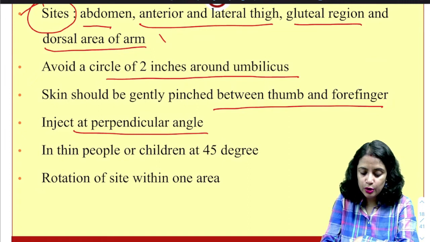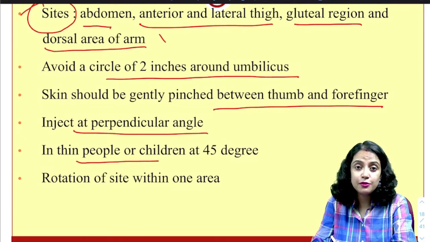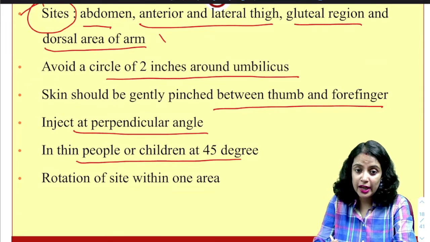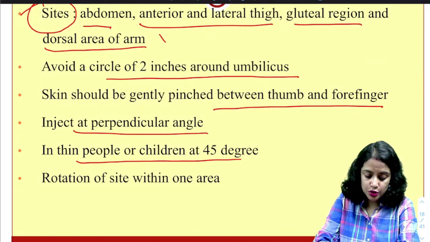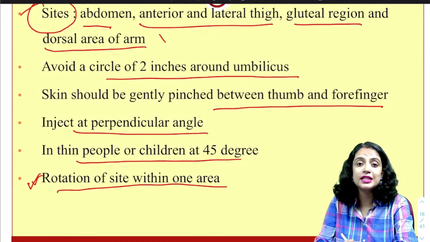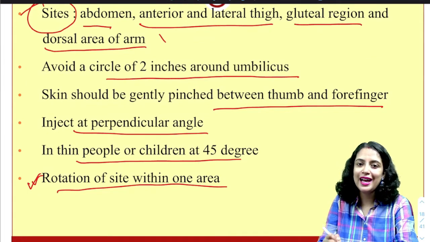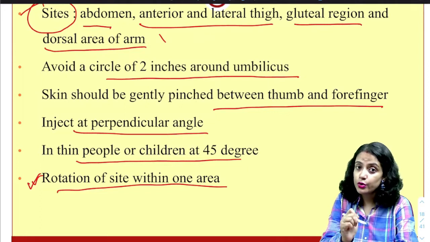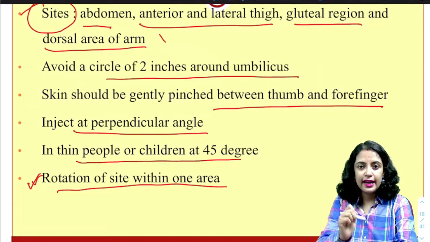In thin people or children, it should be given at a 45-degree angle, not 90 degrees. That means not perpendicular, but at a 45-degree angle. And there should be rotation of site within one area. Suppose someone is injecting in the abdomen, then one should not inject every day at the same site. There should be rotation of the site.